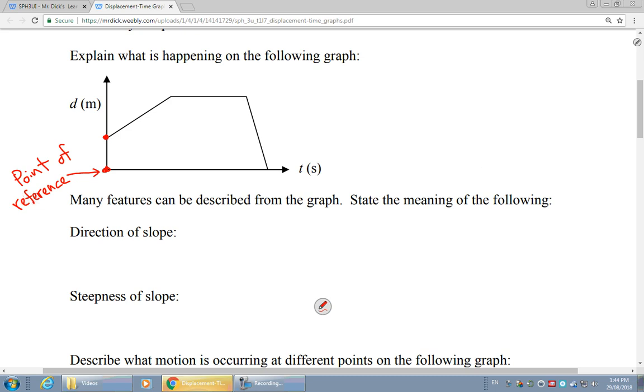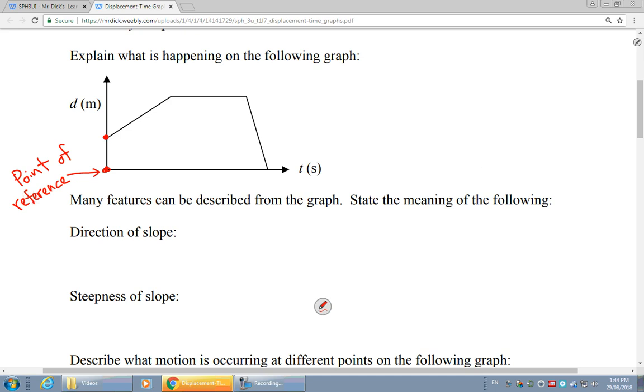In the first section of line, we have a line that's slanting upwards from the point where it crosses the y-axis. So we need to think about what that means. If the line is going upwards, it means d is increasing, which means your position is increasing its number of meters away from the reference point.